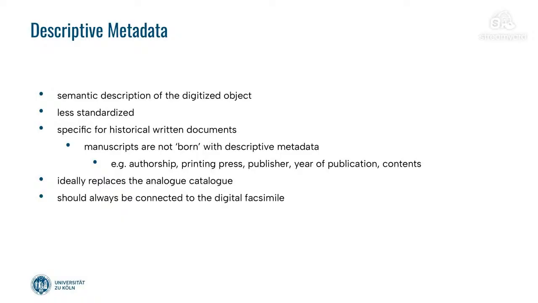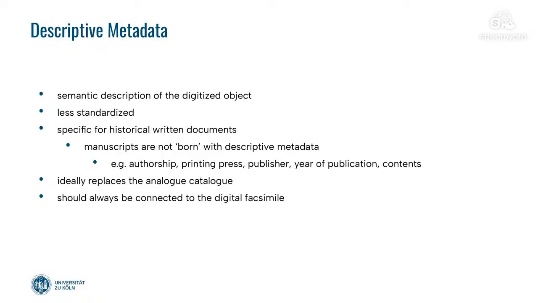So the descriptive metadata is a semantic description of the digitized object, and it's less standardized than the administrative data. And it's very specific for historical written documents. As I said before, the bibliographic record is nothing that actually travels with a manuscript, so it's added later, because manuscripts were not born with this descriptive metadata.